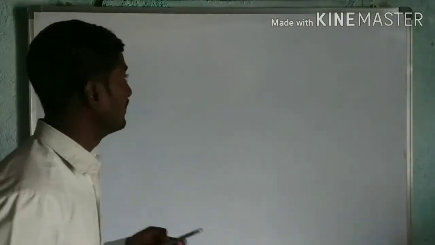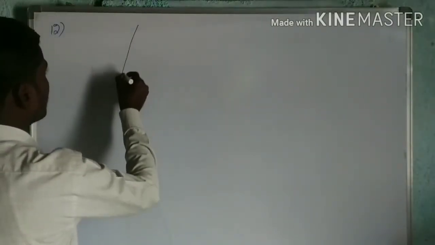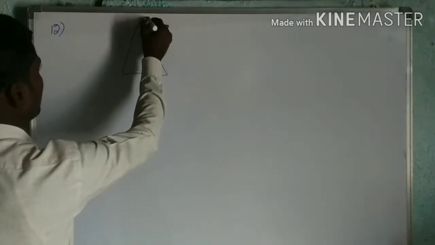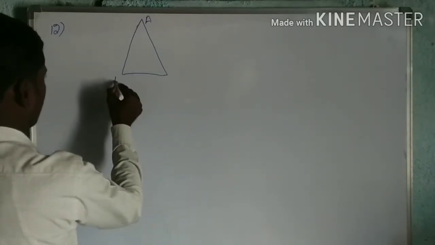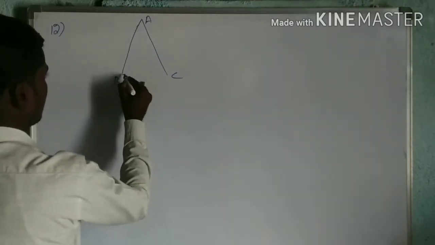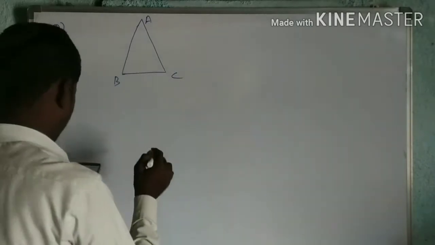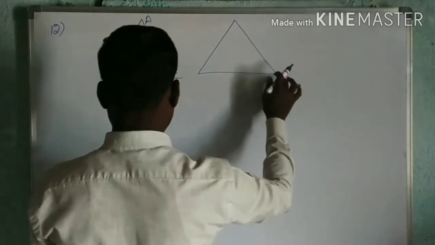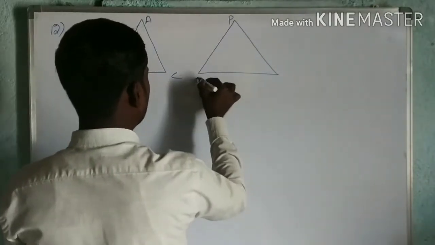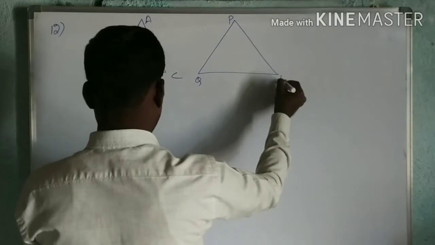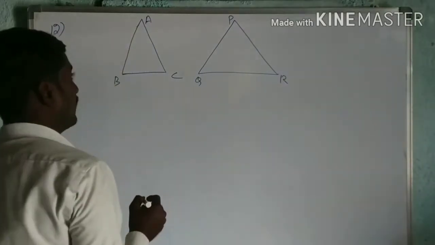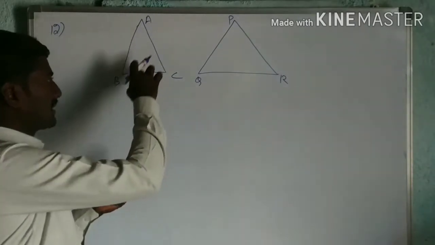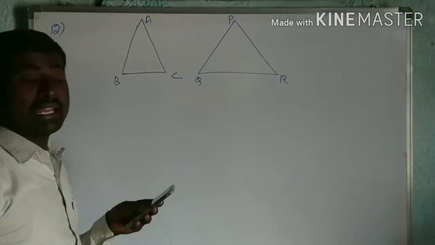So let us take the given figure first. This is triangle ABC. Another one is triangle PQR, so I will take another triangle PQR. Now, what is given? Sides AB, BC and median AD.